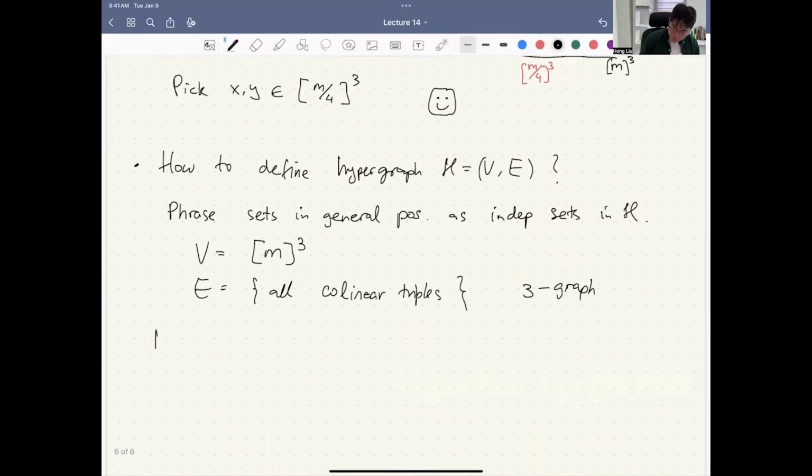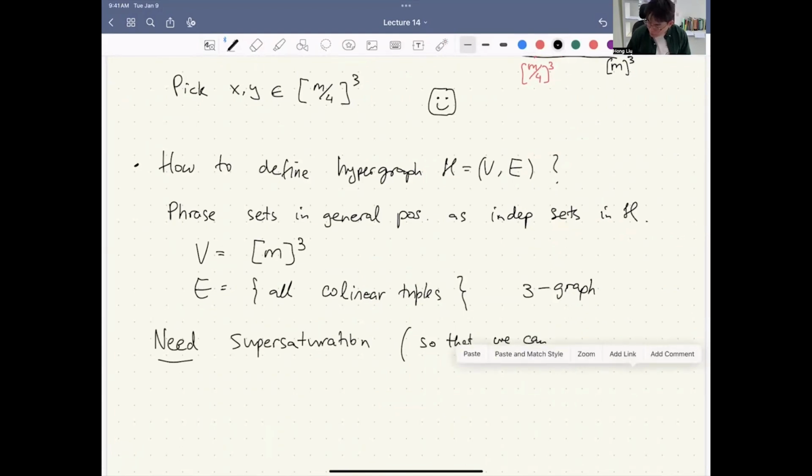So we need supersaturation so that we can iterate the hypergraph container theorem later to get small containers, which is important.